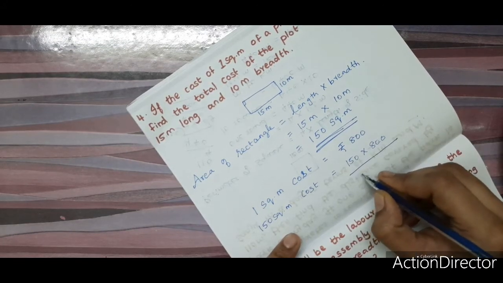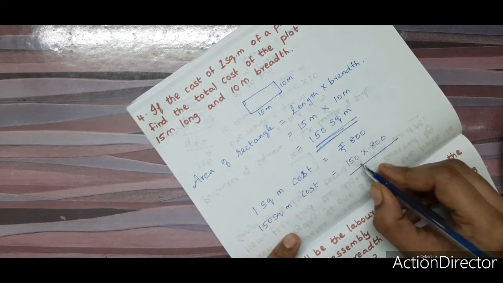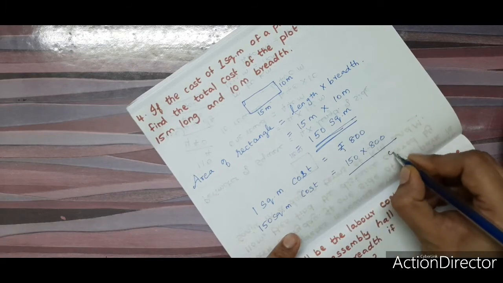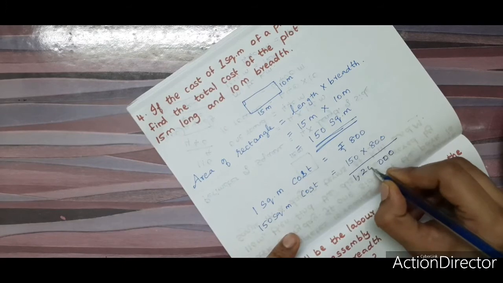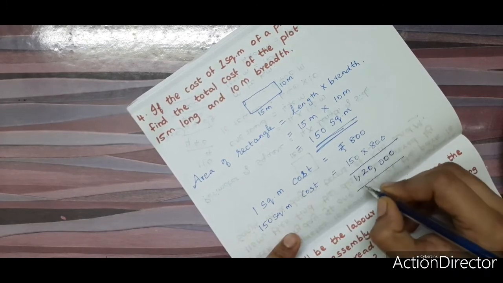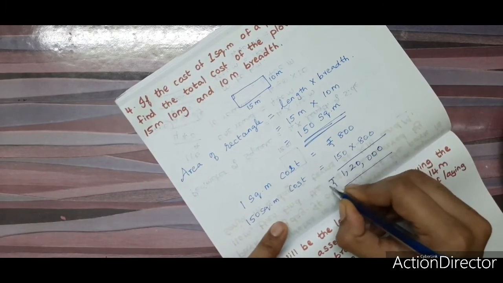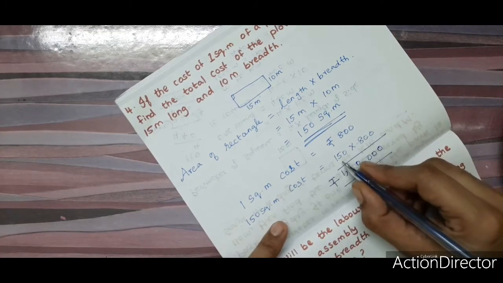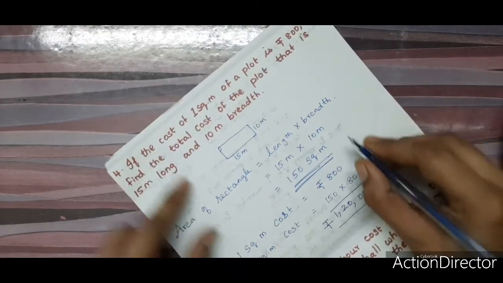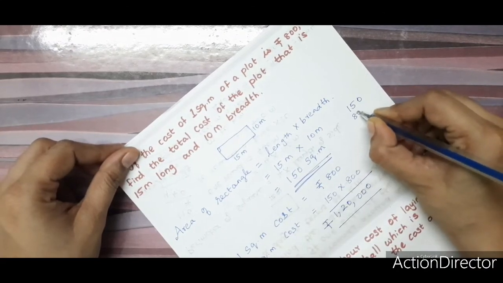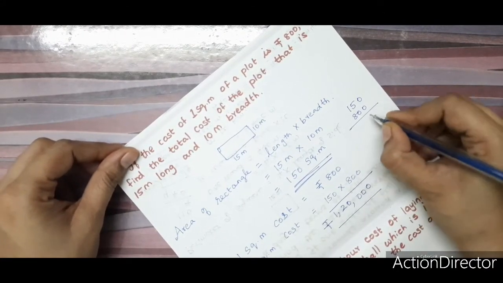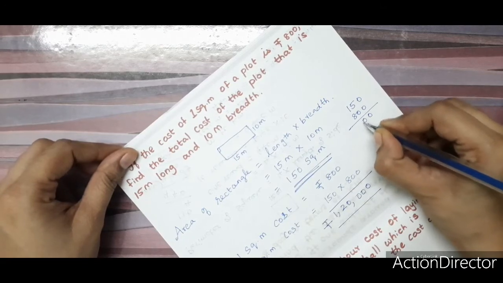Totally how many zeros are there? We write 3 zeros, and if you multiply we will get 1,20,000. So the cost is 150 into 800. First for 0 you multiply 0, 0, 0.